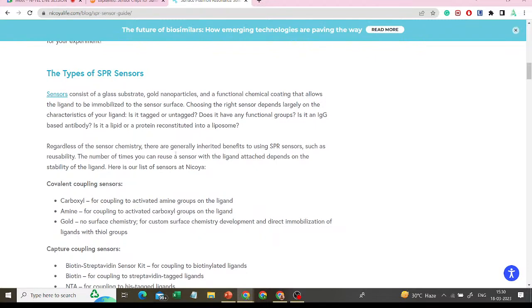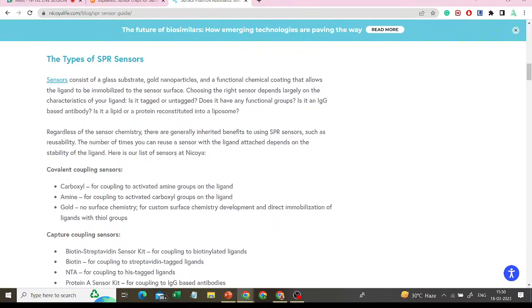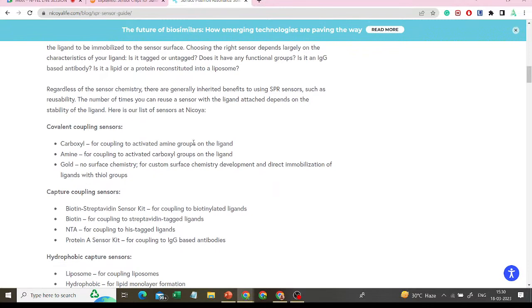Regardless of the sensor chemistry, there are generally inherent benefits to using SPR sensors, such as reusability. So here is your list. One is carboxyl for coupling to amine groups on the ligand. Carboxyl and amine have opposite charges which will help in immobilizing one on the other. Then there is gold, with no surface chemistry, for ligands with thiol groups.